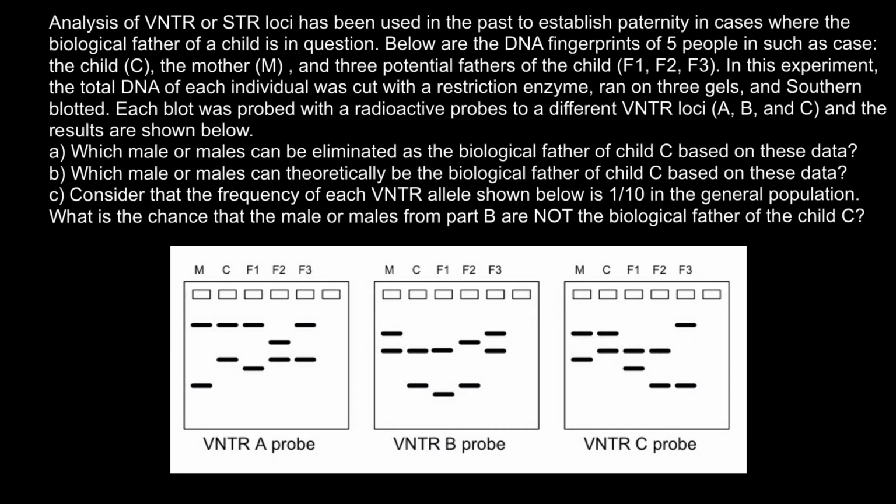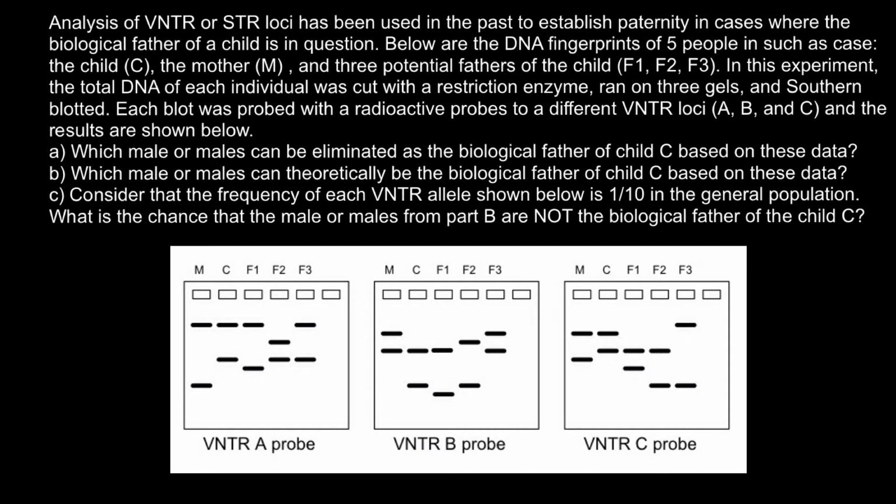Each blot was probed with radioactive probes to different VNTR loci A, B, and C, and the results are shown below. The first question, A: which male or males can be eliminated as biological father of child C based on this data?